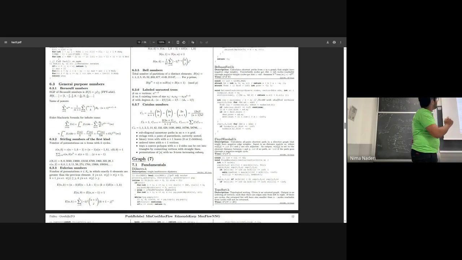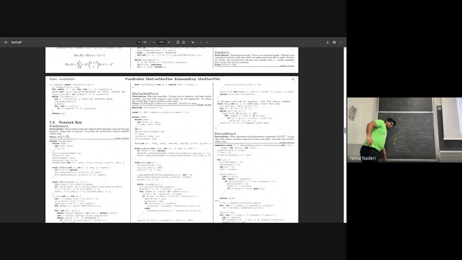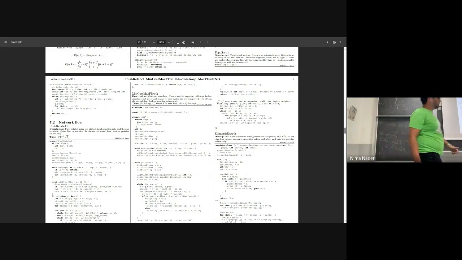Then maybe the last one, topological sort, right? So again, let's consider that we have a directed graph which is acyclic.